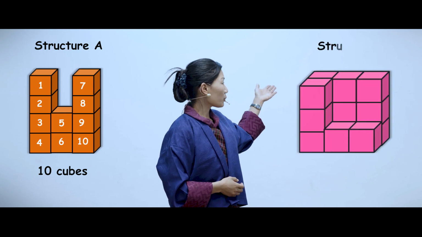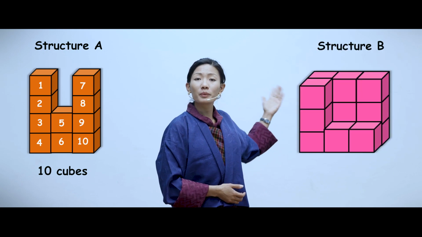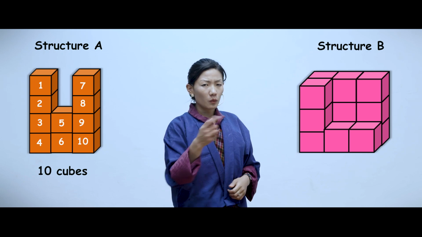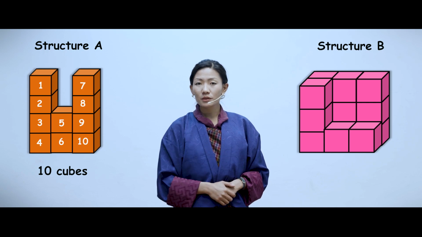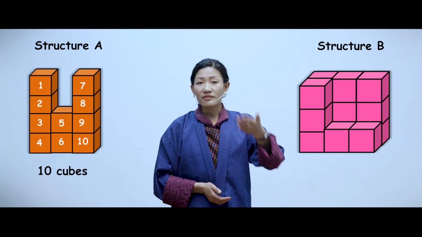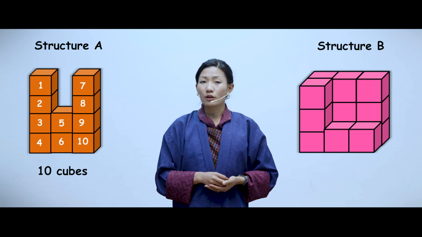Now look at structure B. How many cubes do you think have been used to build structure B? Let's count. Was it easy to count? Why not? Well, you don't know if there are any hidden objects, if there are cubes behind or not, right?